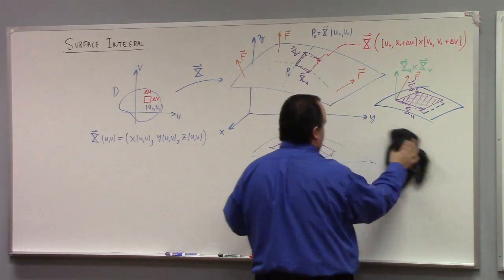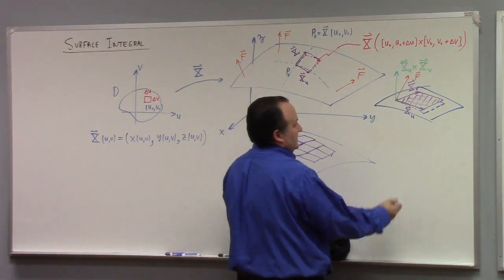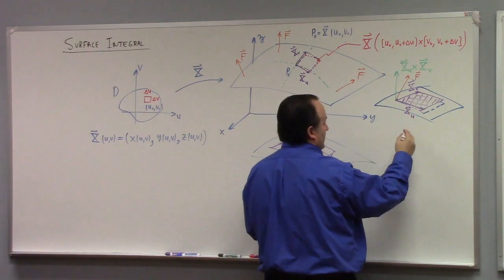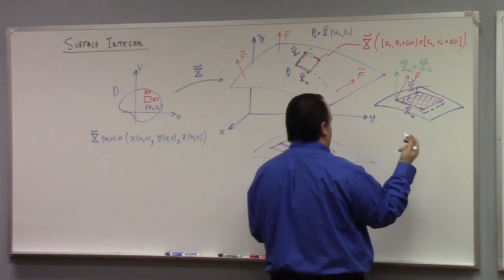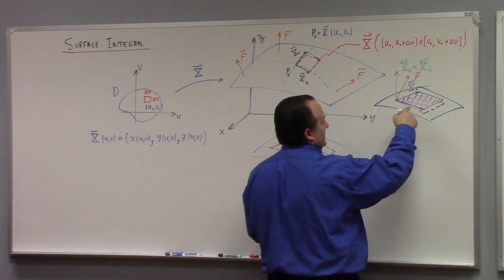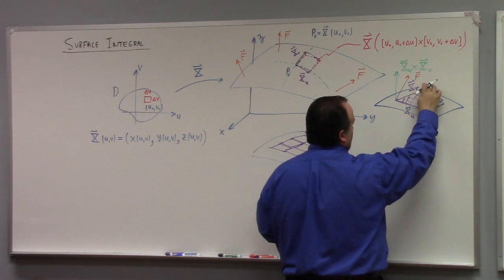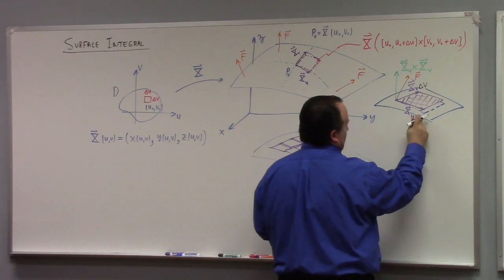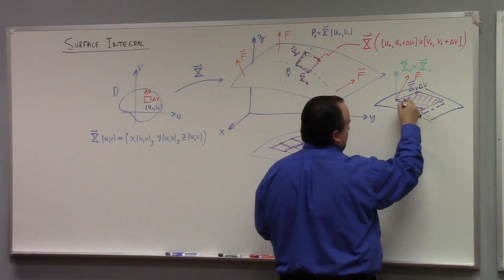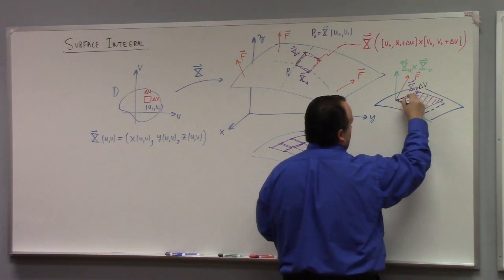Well, yeah, that's the thing, I haven't quite done it justice. So the length of this, how to get the point here? I should really multiply that by delta V, and this should be multiplied by delta U in order to get the length of this and that.